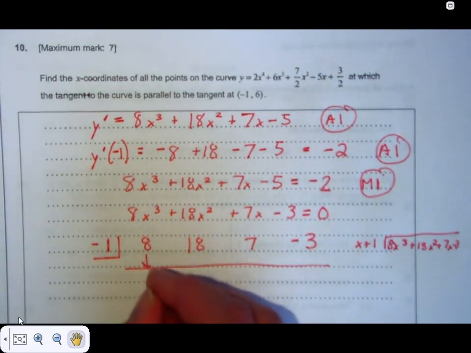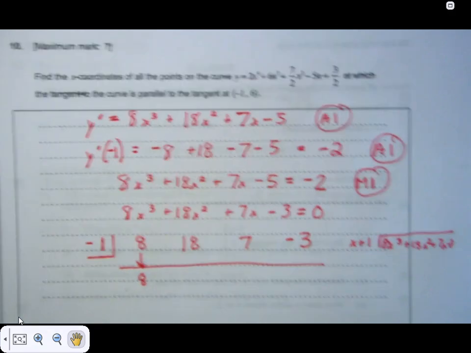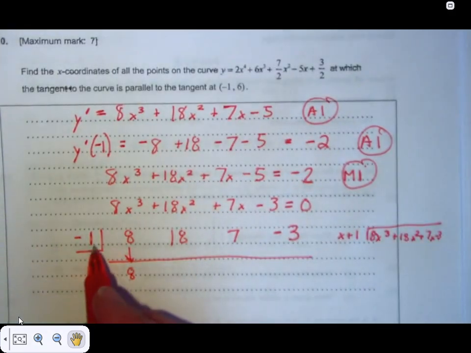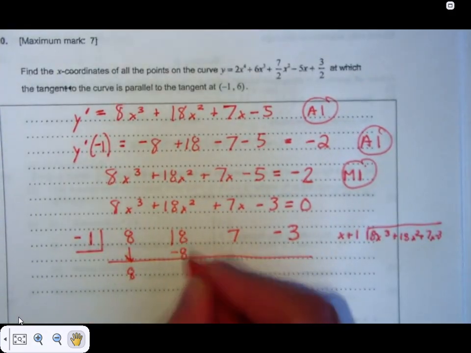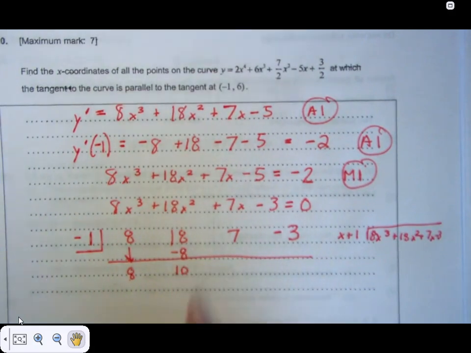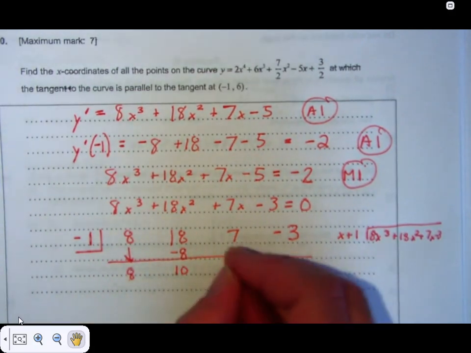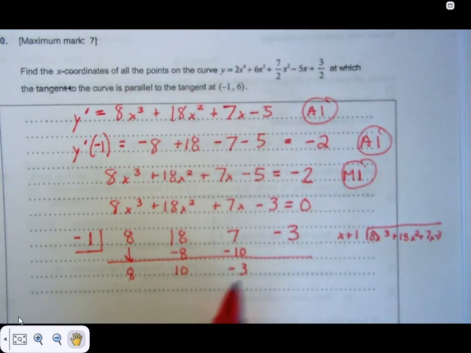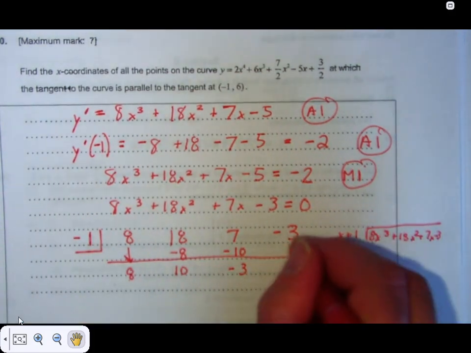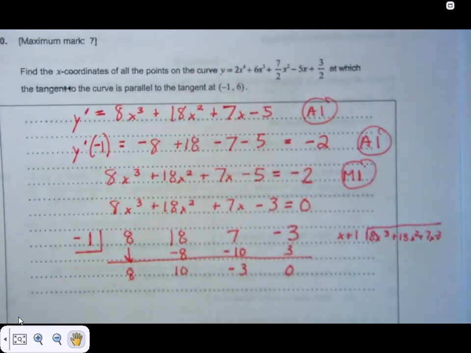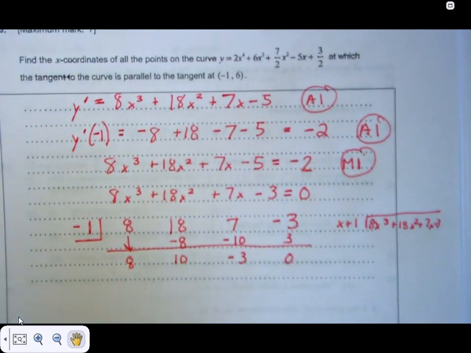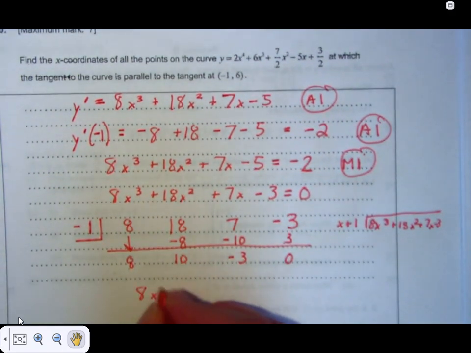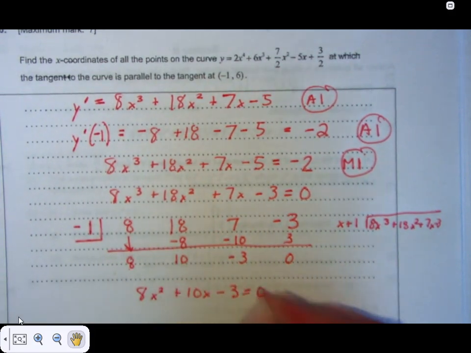Now, for synthetic division, the first one, you bring the number down, and then you do the bottom number times what's in the box, and then you add going down. 10 times -1, so -10. Add going down. -3 times -1, add going down. Now, we knew it was going to come out perfect. Okay, so this gives us 8x squared plus 10x minus 3 equals 0.